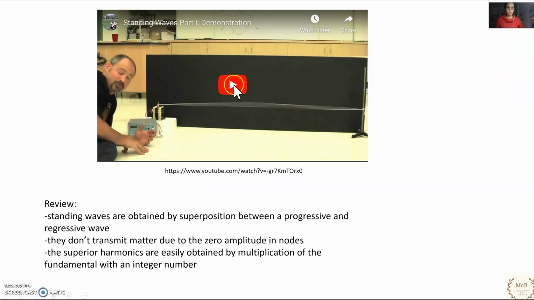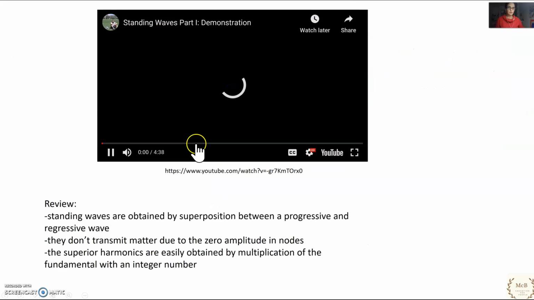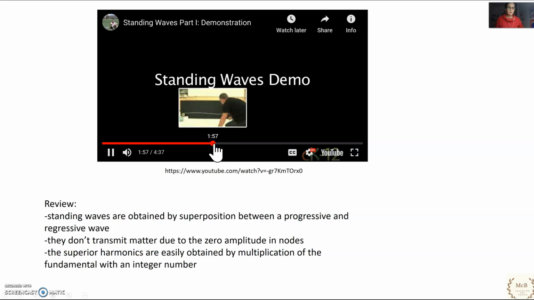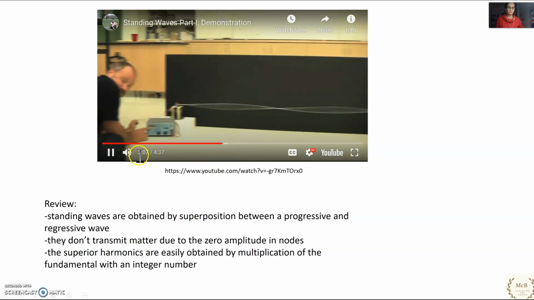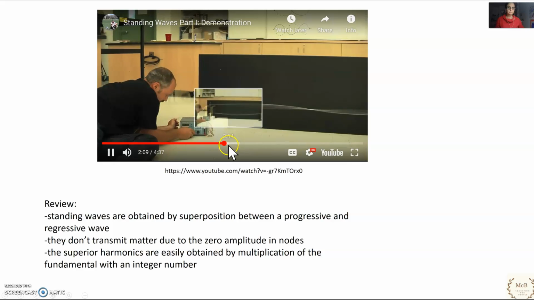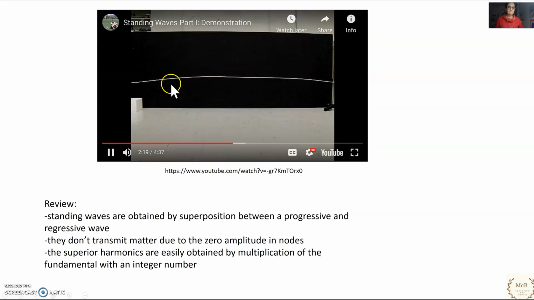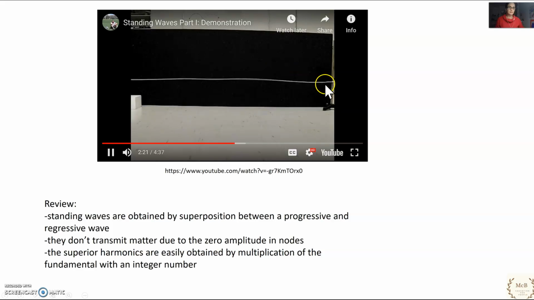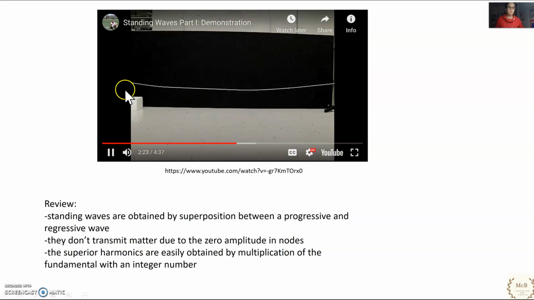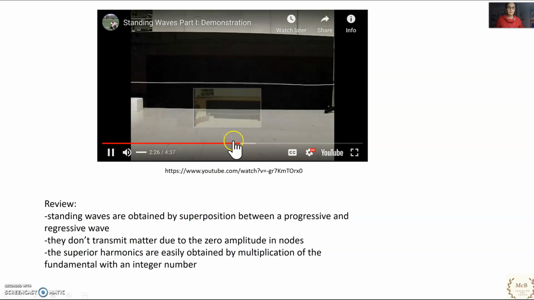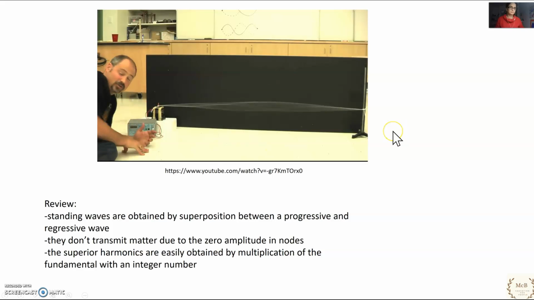What is very important here, I will show you an experiment. This number, so 8.5. Here we go. This is a wave in very slow motion measured with a camera. And now, you can see, we can double the frequency.